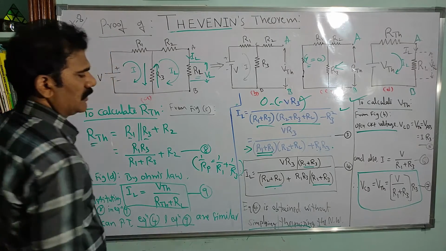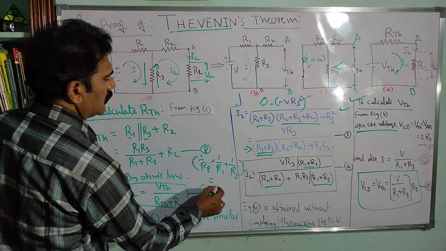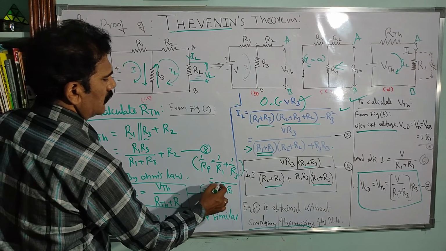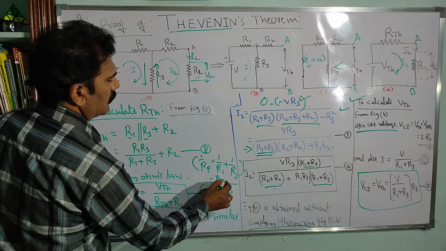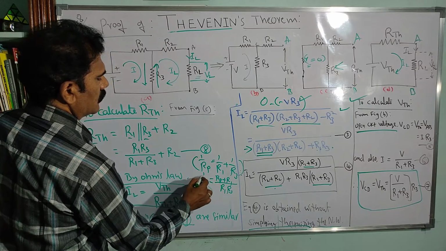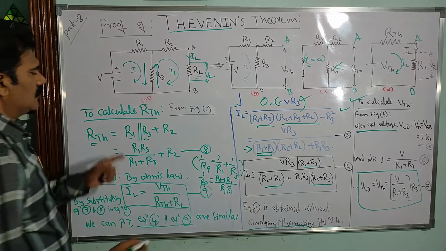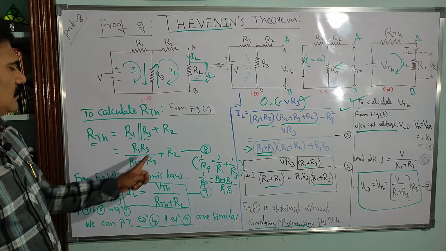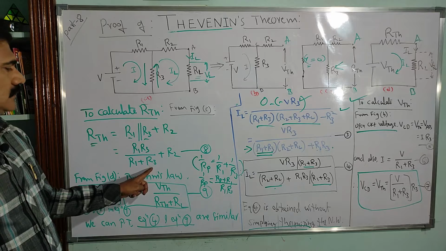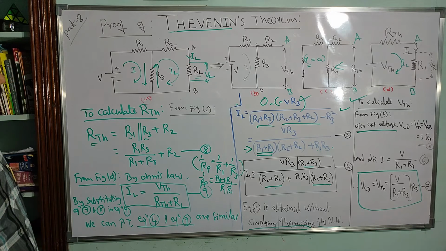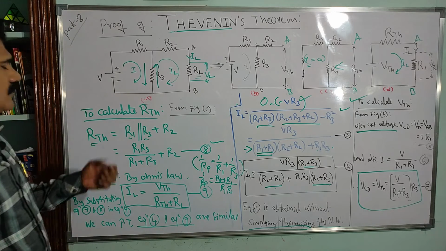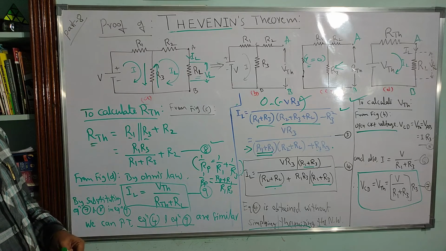If you simplify this equation, you get R3 plus R1 over R1 R3, which is equal to 1 by Rp. So Rp, the parallel resistance, is R1 R3 divided by R1 plus R3. Series resistance is just added, plus R2. So equation 8 is obtained as the Thevenin's resistance.